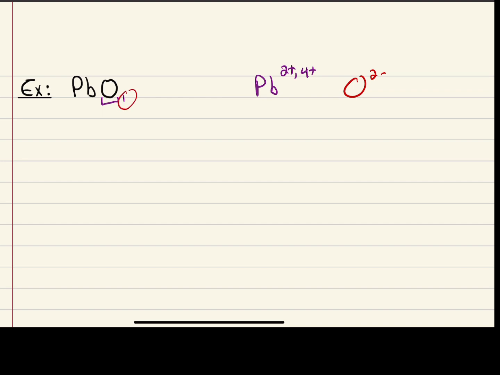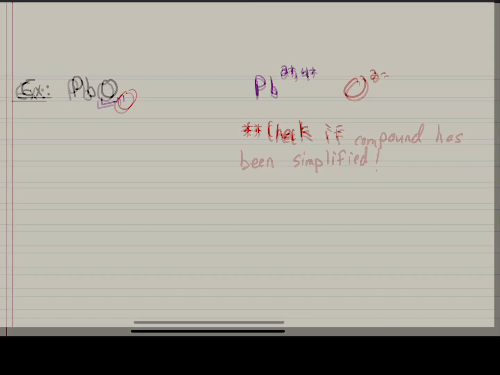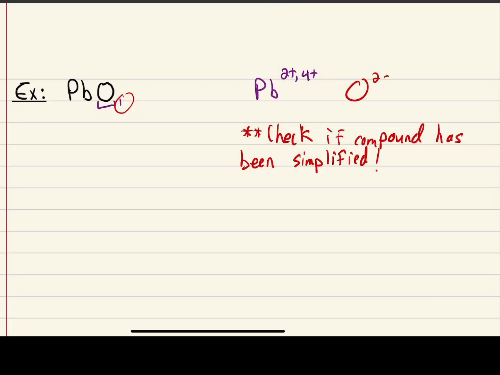So why would it have a 1? Well, this goes into the final category, where I'm going to put a star here: check if the compound has been simplified. And if that's the case, then there might be what I would call a hidden charge, or a hidden clue as to what lead was used, because it could have been 2+ or 4+.